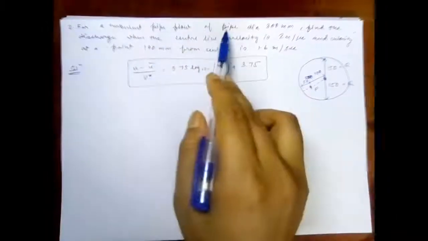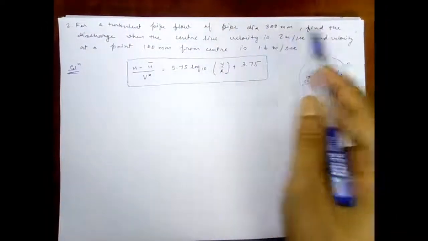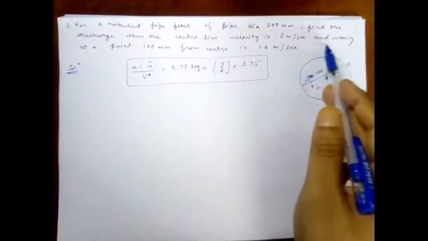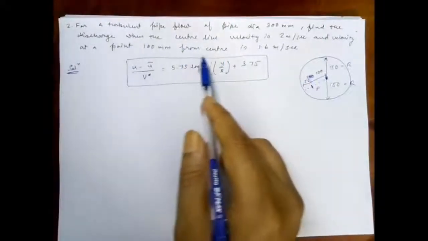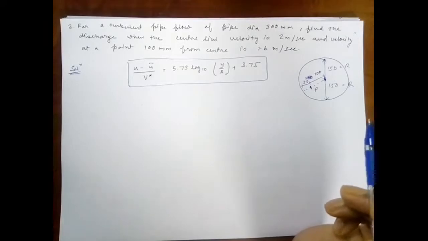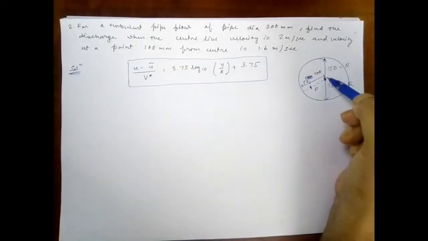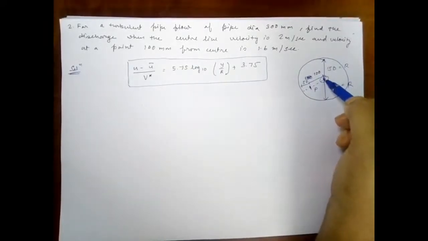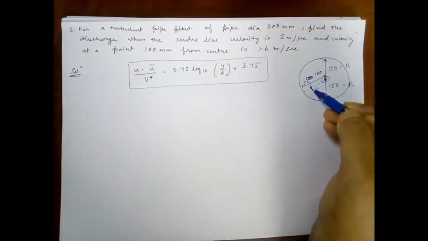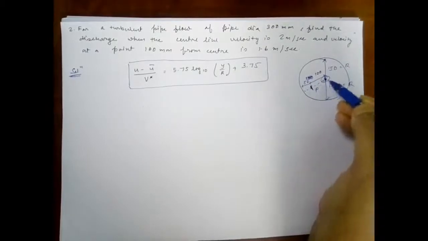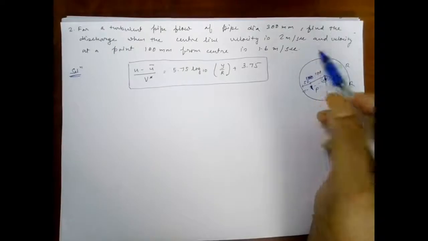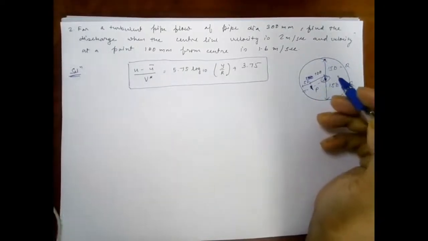So for a turbulent pipe flow of pipe diameter 300 mm, find the discharge when the central line velocity is 2 meter per second and the velocity at a point 100 mm from the center is 1.6 meter per second. So they are saying that the central line velocity here is 2 meter per second and the velocity at a point P, 100 mm from the center, that is 50 mm from the wall of the pipe, is 1.6 meter per second.